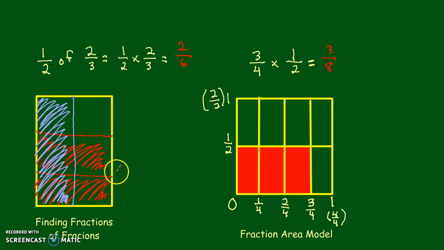Same thing for the denominators: if you multiplied the denominators together, you would get the total number of pieces that made up the whole. That's the more efficient way we're going to multiply fractions today, by just multiplying the numerators together and then multiplying the denominators together.